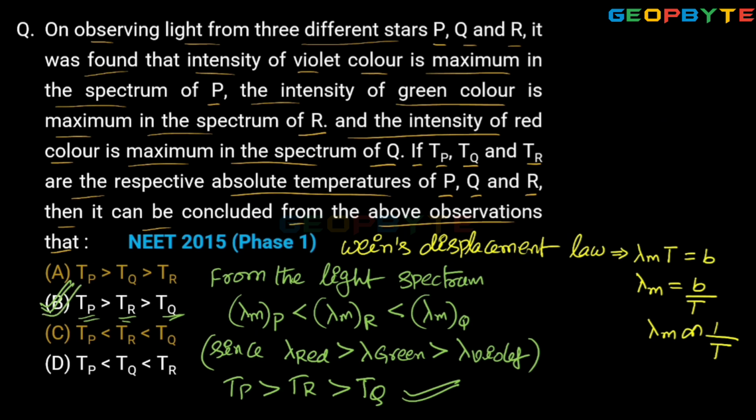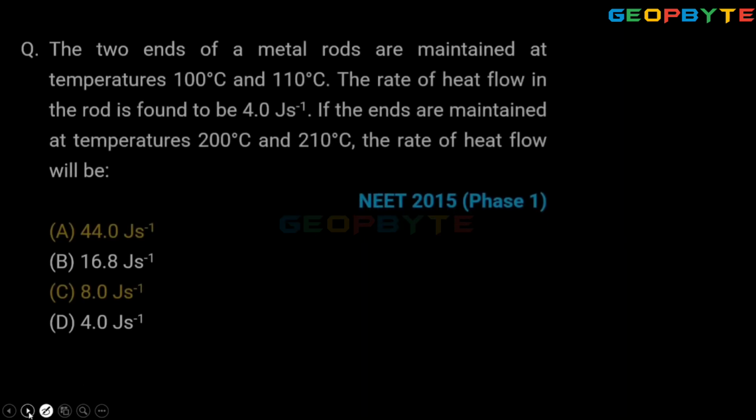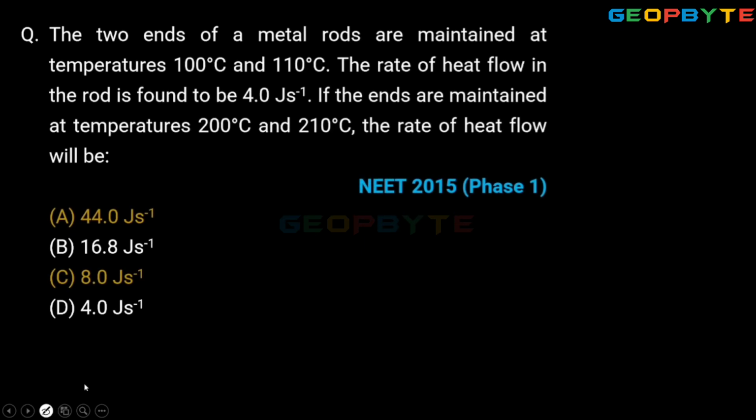Understood clearly? Yes. Similarly, let us take another important problem asking like this. The two ends of a metal rod are maintained at temperatures 100 degrees centigrade and 110 degrees centigrade. The rate of heat flow in the rod is found to be 4 joules per second.